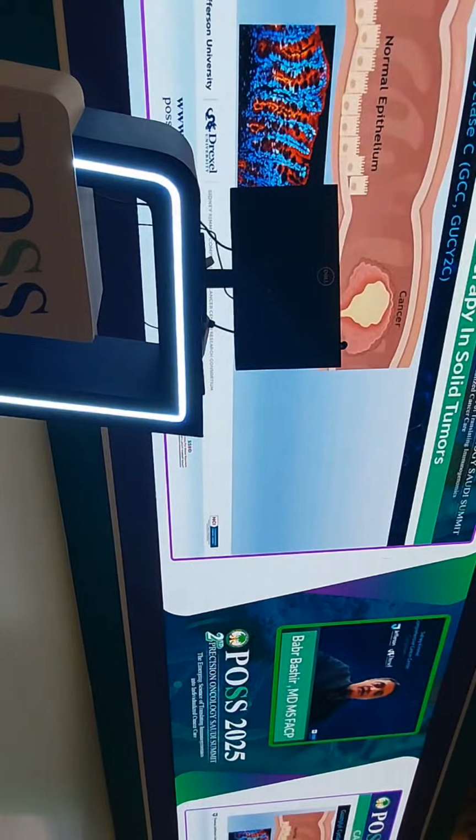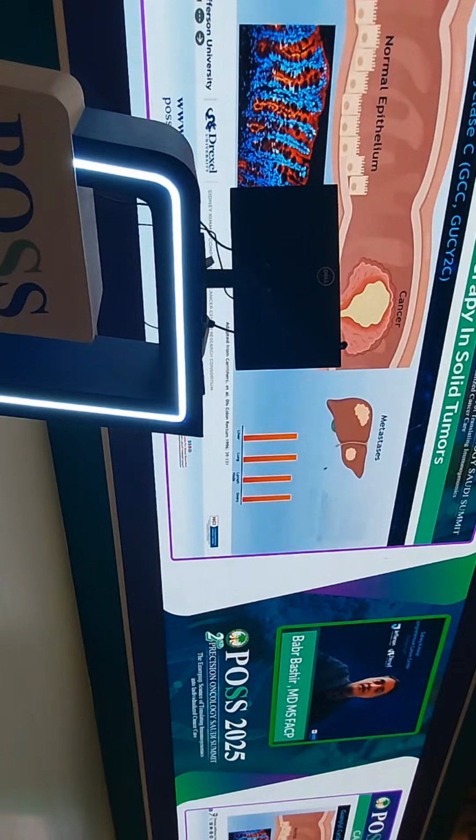However, in the context of cancer, GCC is also overexpressed in cancer cells, and not only in the primary tumors, it's also overexpressed in metastases, including in the liver and in the lung. So we think it's an overexpressed antigen, but it's a self-antigen.